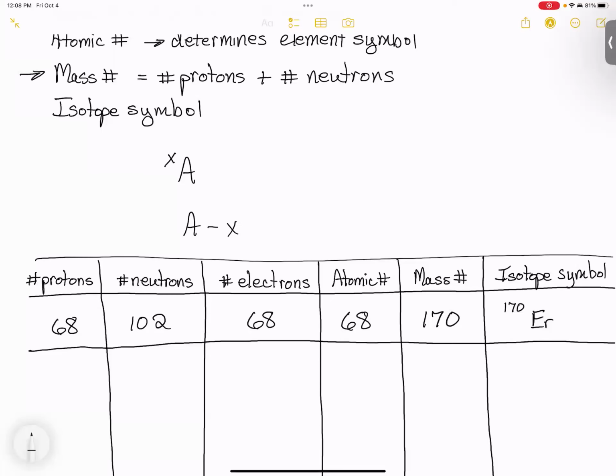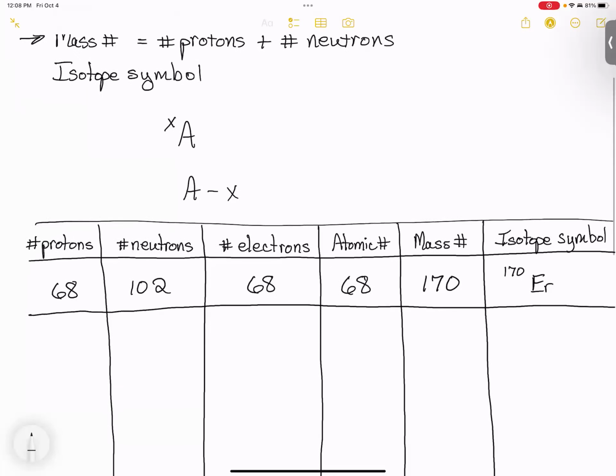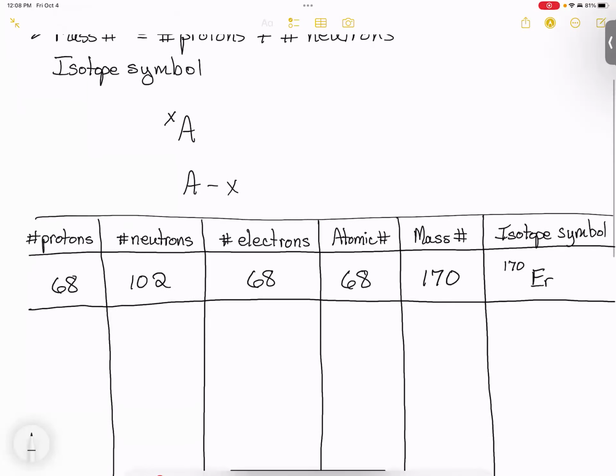Let's look at yet another example. What if I give you atomic number and mass number? What does the atomic number tell me? What number it is on the periodic table, and I gave you number 80.